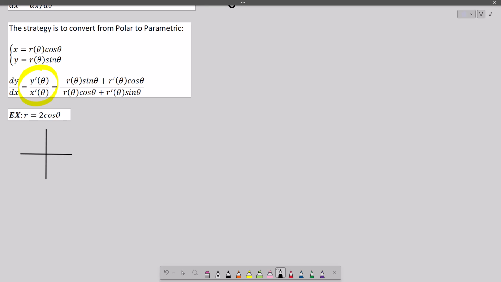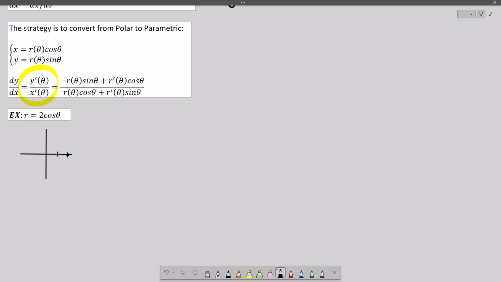What's cosine of 0? So cosine of 0 is 1. Multiplied by 2, we get 2. So we're going to be 2 units over here. And we're already done, because all of these circles are tangent at the origin, so you already know what the next point is. The origin's always one of the 2 points. And if the first point's not the origin, the second point is the origin.